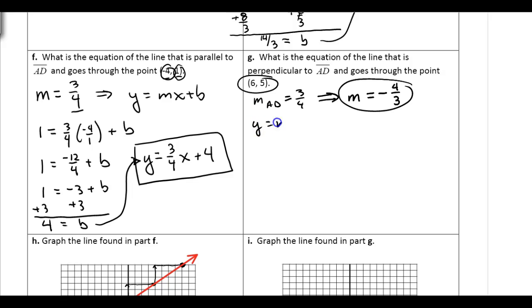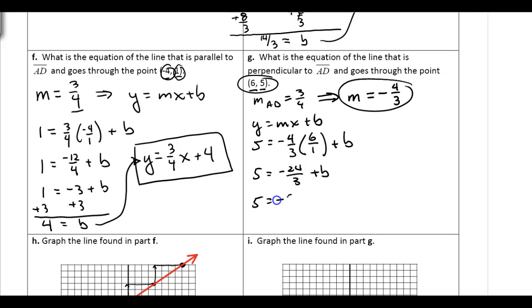We've got y equals mx plus b. My value of y is 5. My value of the slope is negative 4/3. The x value I have is 6, plus b. So 5 is equal to negative 24/3 plus b.